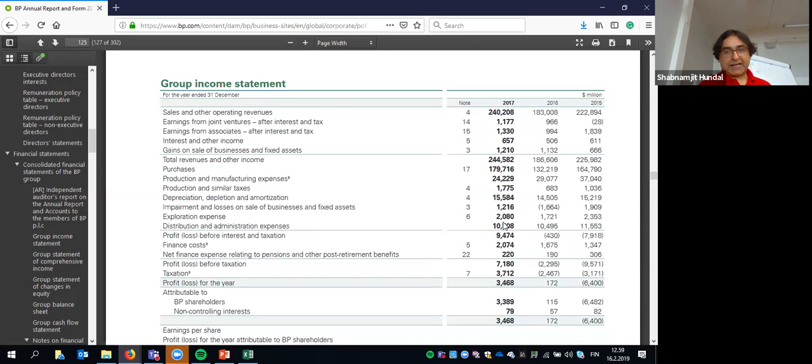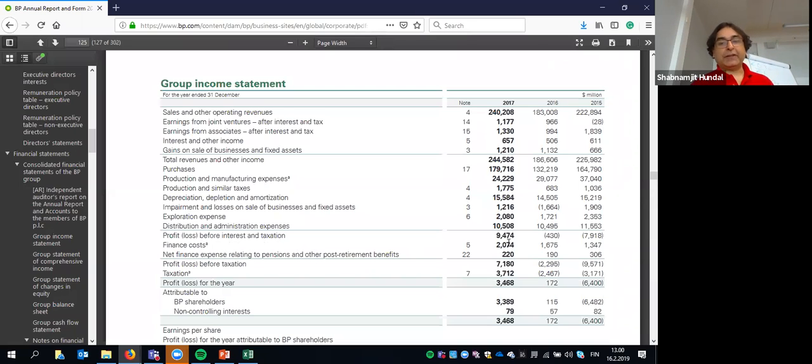And when it's subtracted already, you get profit before interest and taxation. So the company has operating profit. You don't have to calculate. Hopefully in your company case also. So in this case, this 9474 is the operating profit.